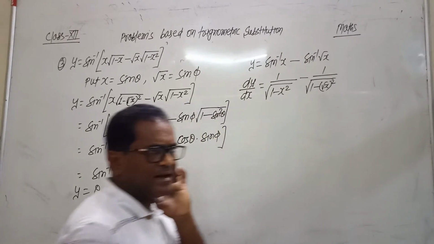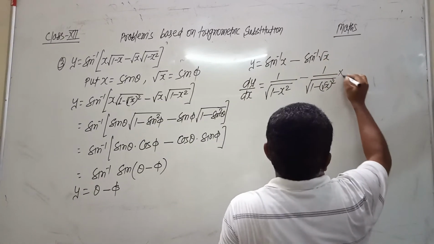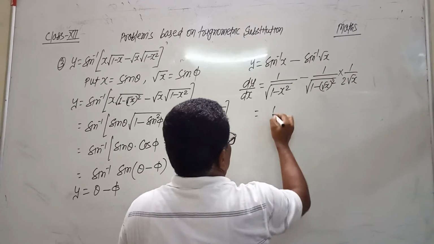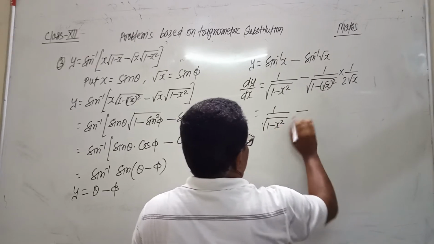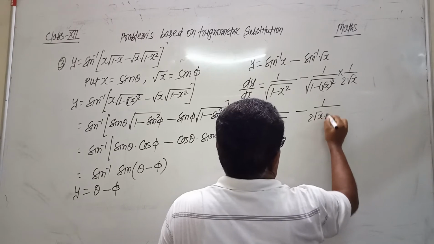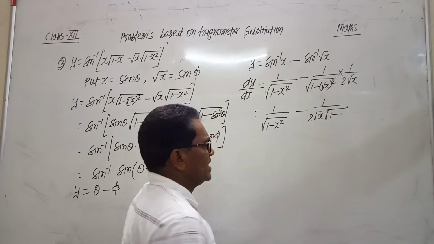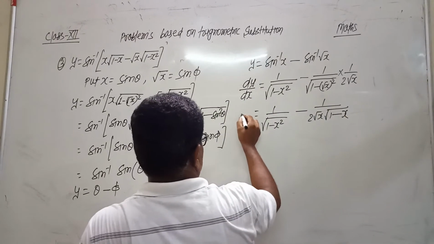We remove sine inverse, and the differentiation of root x is 1 by 2 root x. So it gives 1 upon under root of 1 minus x square minus 1 upon 2 root x and under root of 1 minus root x the whole square, which comes to be x. So this is the result.